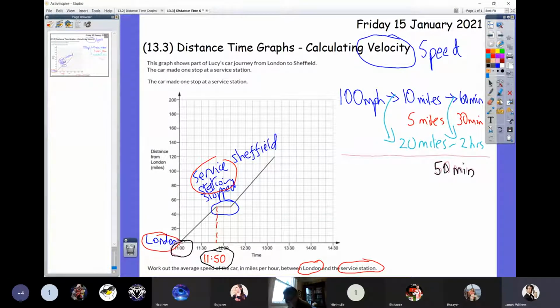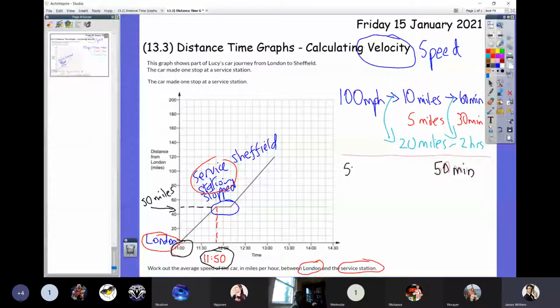Now, how far away was the service station from London? Go across and read the distance, and that's here. That's halfway between 40 and 60, so that is 50 miles. So from the distance time graph, I know that I've gone 50 miles in 50 minutes.